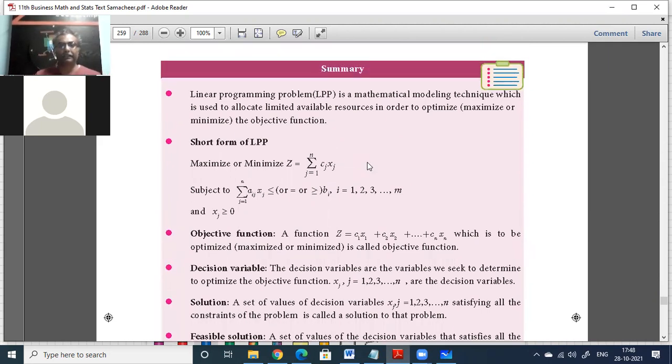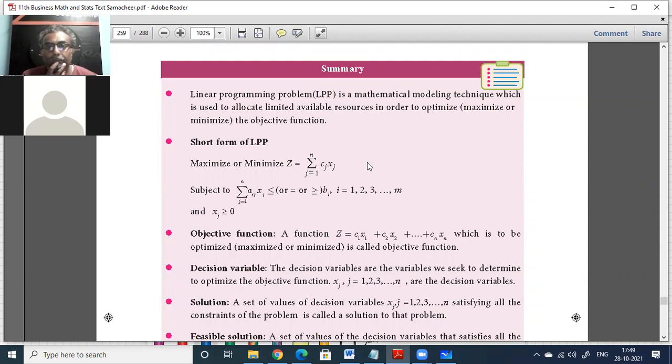You can read the summary. Linear programming problem, LPP, is a mathematical modeling technique which is used to allocate limited available resources in order to optimize, maximize or minimize the objective function.